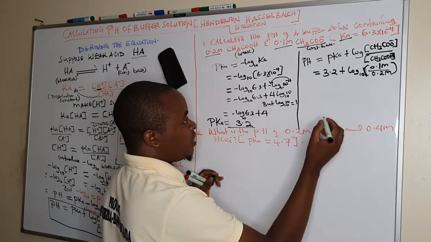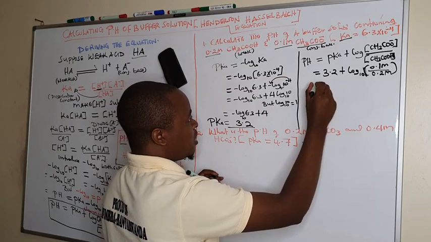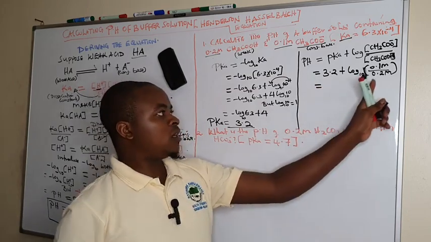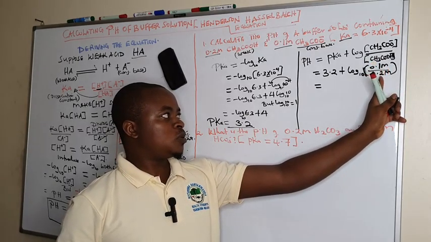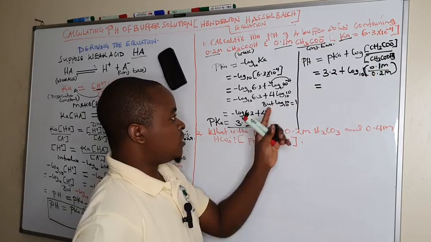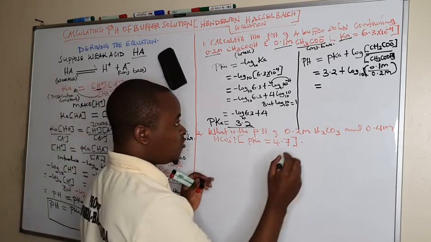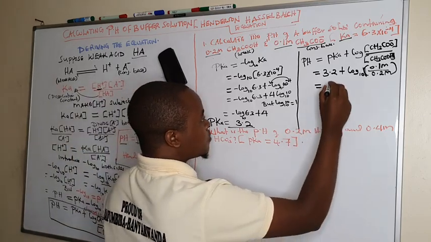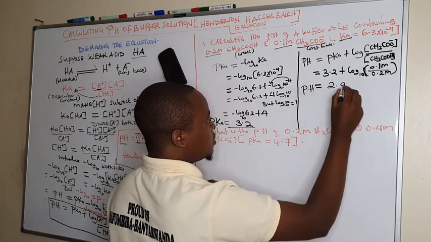And when you put this on a calculator, log of 0.1 molar divided by 0.2, plus 3.2, we are able to get a pH of 2.9.